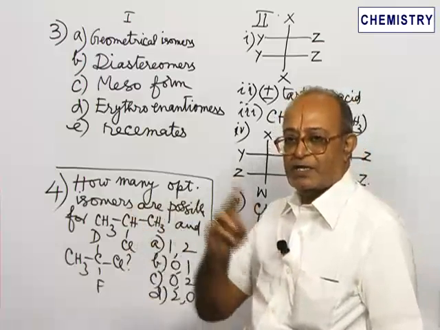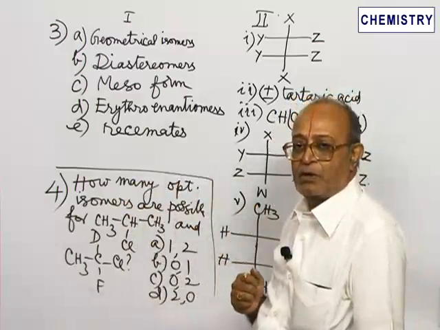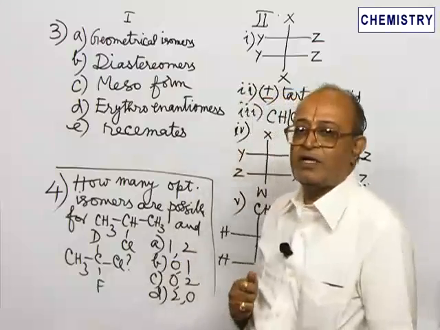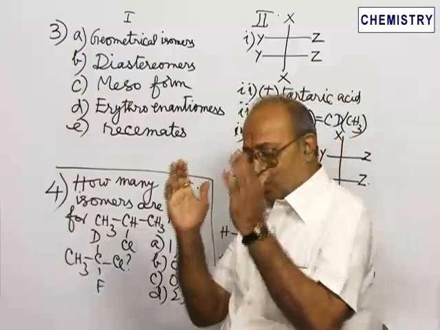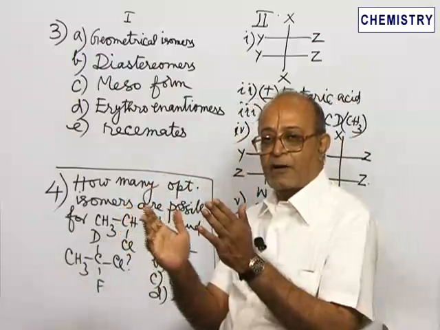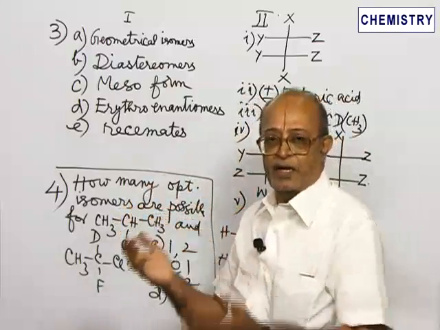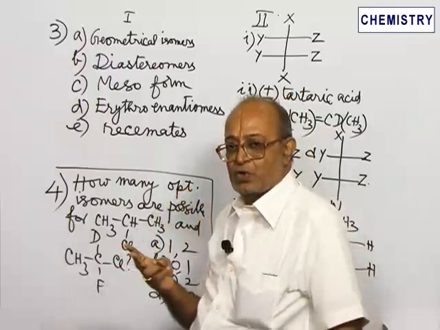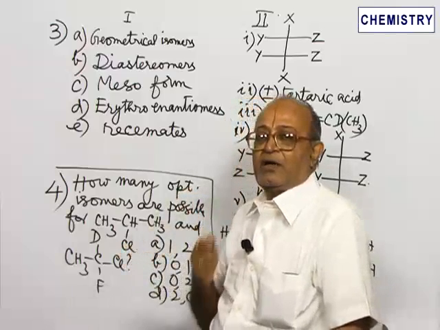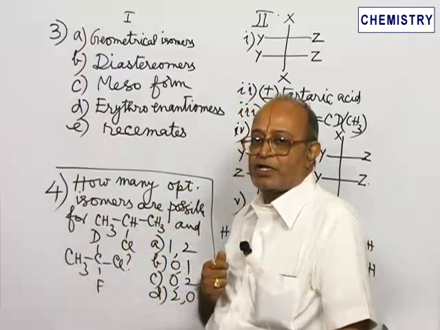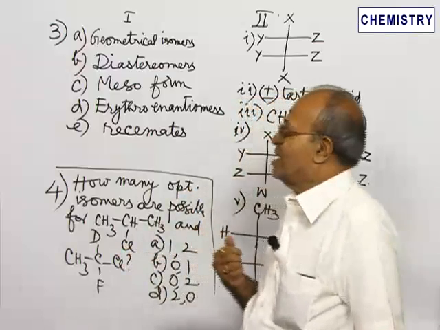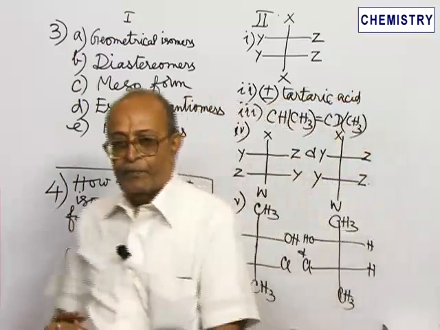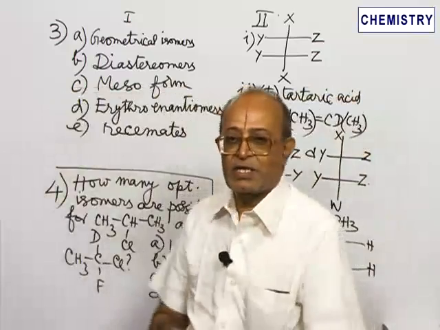Two representations of the same compound, but these are not mirror images. If the two structures are mirror images, they are dextro and levo isomers, the enantiomers. But if these two structures are not having the mirror image relationship, then they are known as diastereomers.